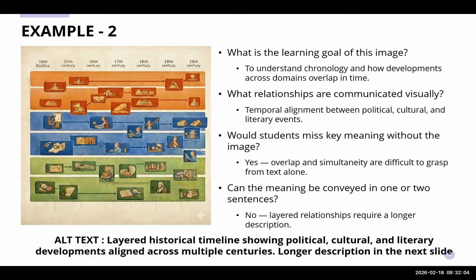Now, this lets the student know exactly what kind of data is coming up. But to truly understand the overlapping, we definitely need to provide a more detailed breakdown. So let's check in our next slide with regards to the longer description. Next slide, please.